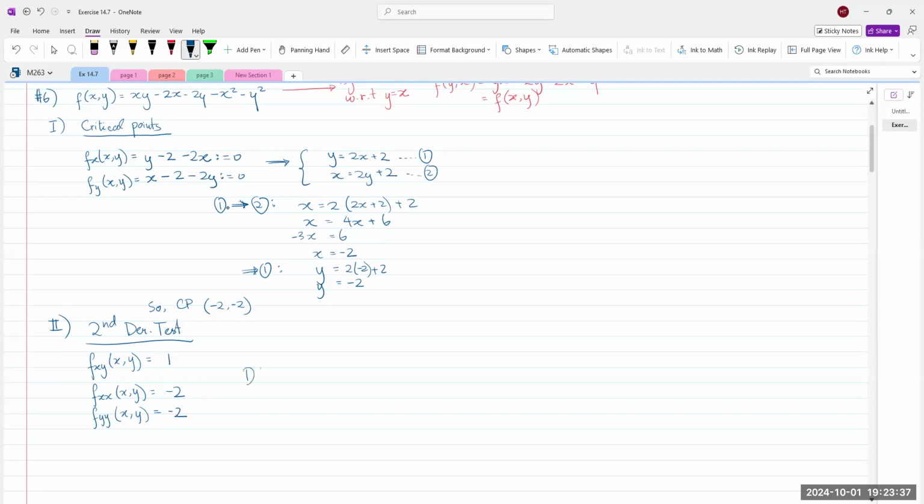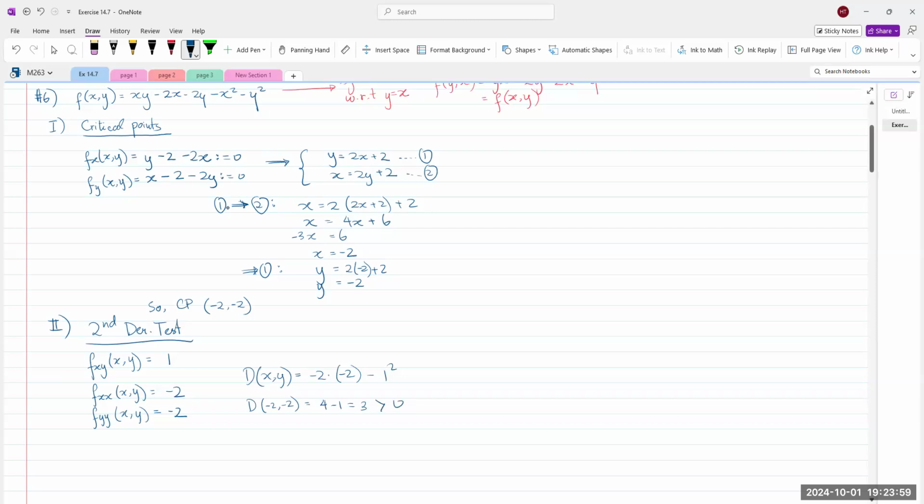So the Hessian will be -2 times -2 minus 1 squared. Therefore, the Hessian at (-2, -2) will be 4 minus 1, that's 3.